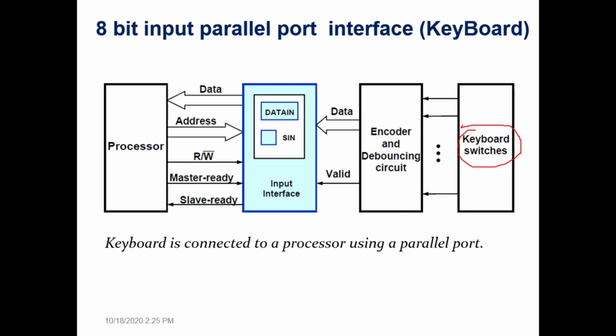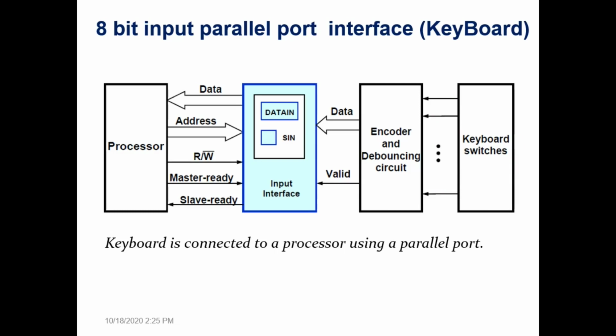Now when you press a particular key, for the keyboard there is no meaning for the key you have pressed. Like we say A is pressed, Enter is pressed. For the keyboard, it is just a key pressed. So the physical keyboard sends, using these lines, the location of the key pressed to the encoder circuit.